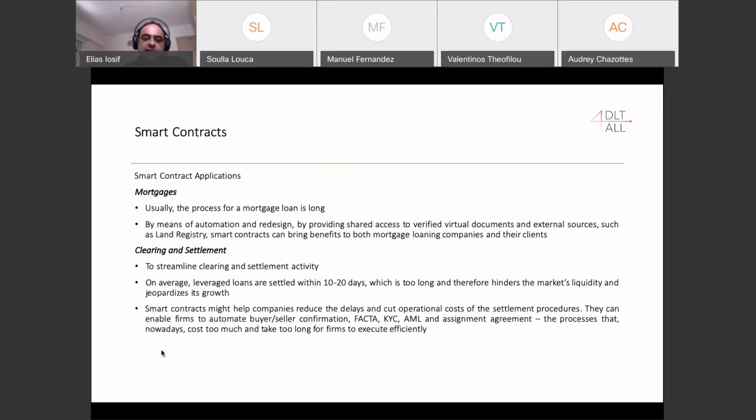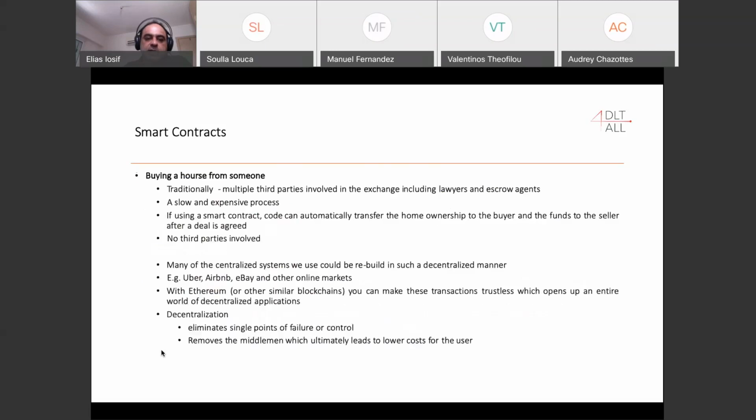A brief mention of possible applications of smart contracts is clearing and settlement of any type of operation, like paying your mortgage when buying a house from someone.